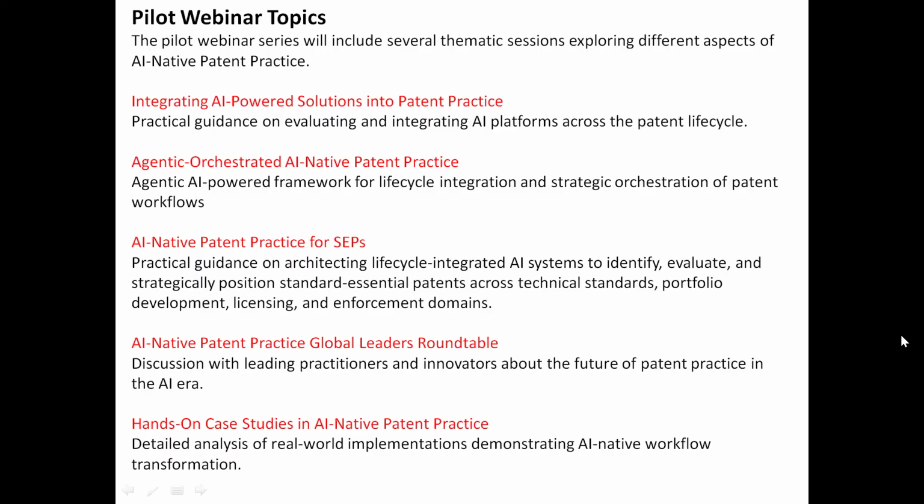So the next topic that I'm thinking about is integrating AI-powered solutions into patent practice. This is the part where I have strong confidence, because I understand all the AI-powered solutions at an internal level.